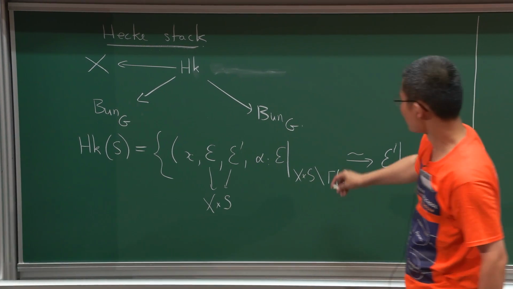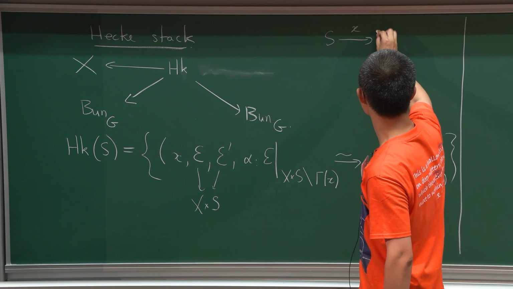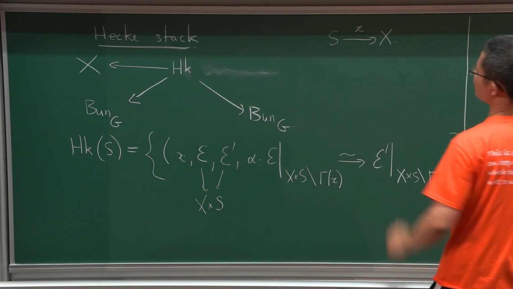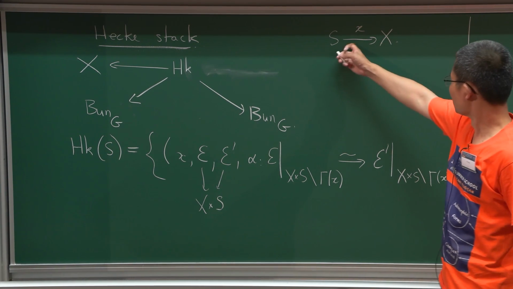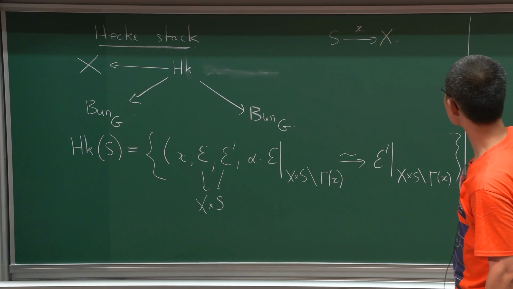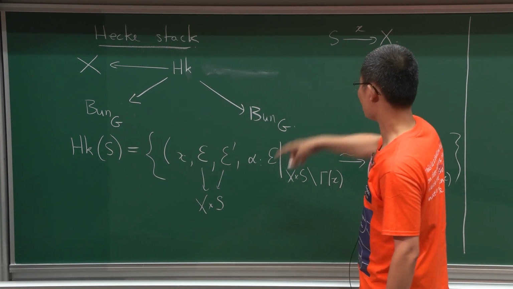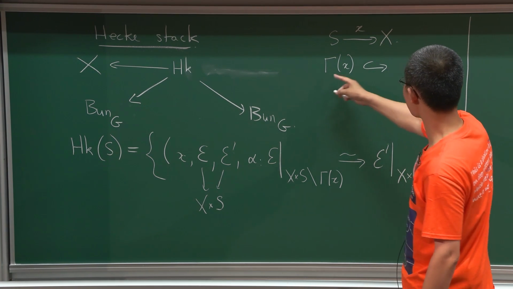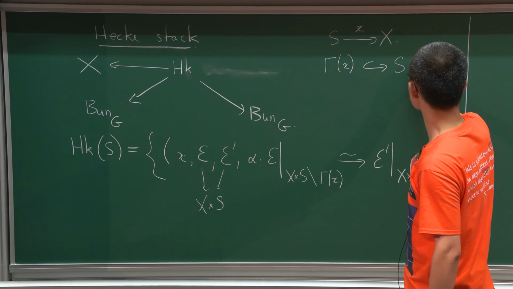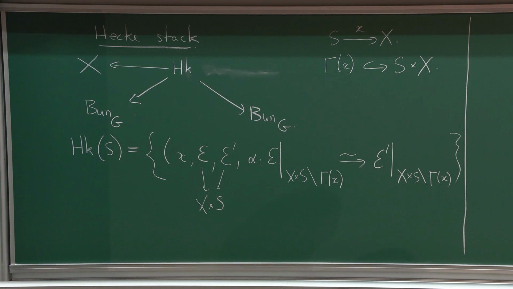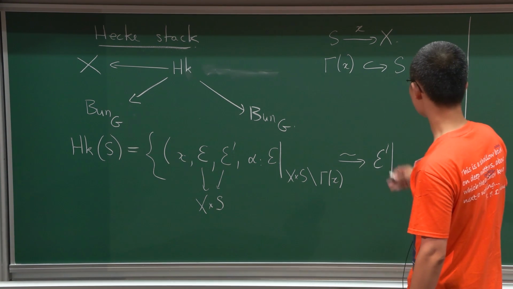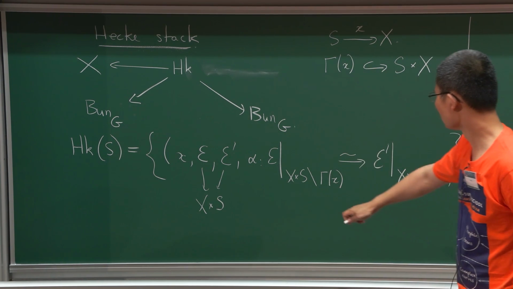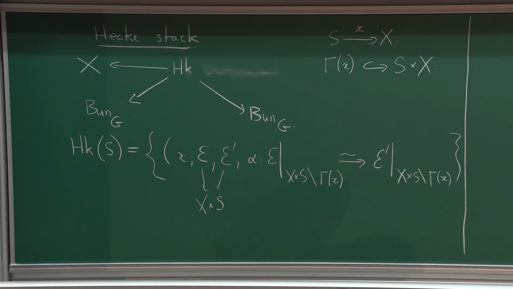So what this means is x is a map from S to X. You can think of S as just a spectrum of a field. This will give a field-valued point in X, and then I can talk about its graph. It's a copy of S, but diagonally embedded in S times X using this map. Again, this is just a point if S is a point. So an isomorphism away from one point.